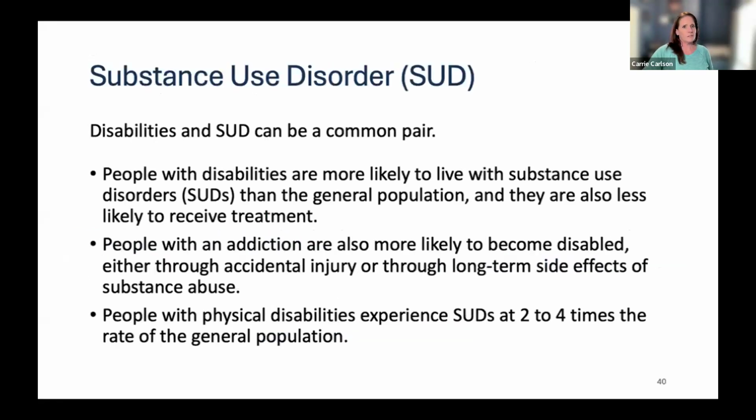And then substance use, right? Disability and substance use disorder can be a common pair. People with disabilities are more likely to live with substance use disorder than the general population, and they are also less likely to receive treatment.